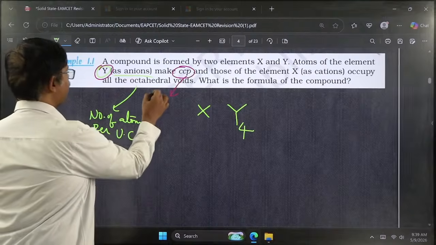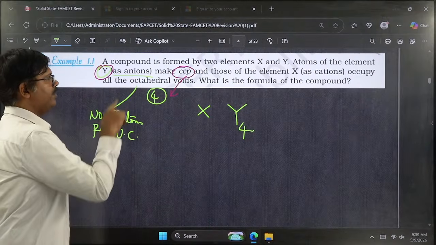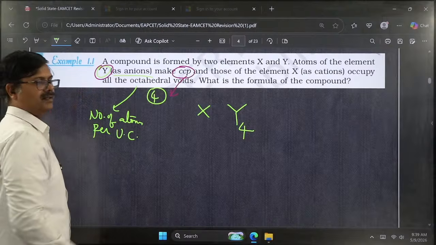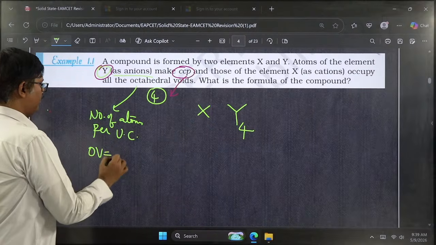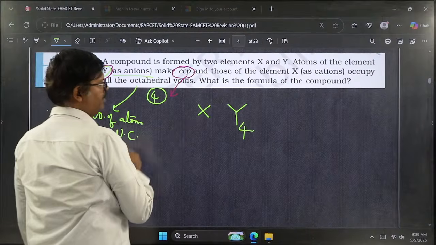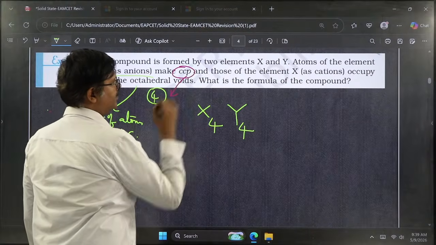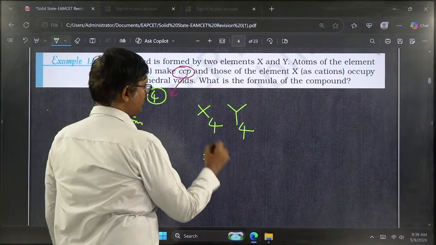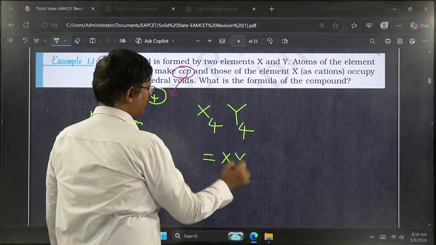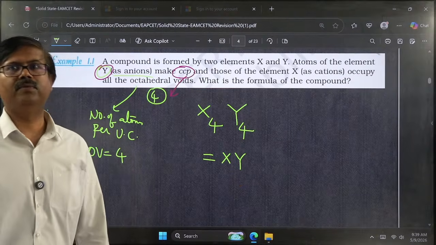There are 4 atoms making up the CCP, so octahedral voids also 4, and all these 4 are occupied by X. So X4, Y4, which in simple ratio, XY is the formula of the compound.